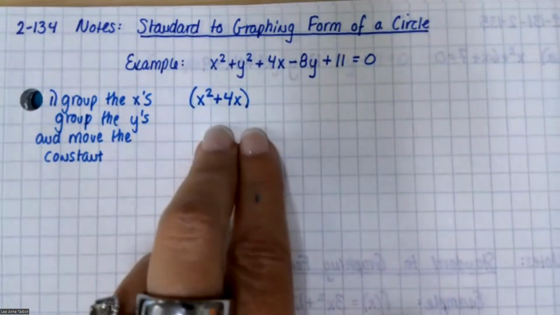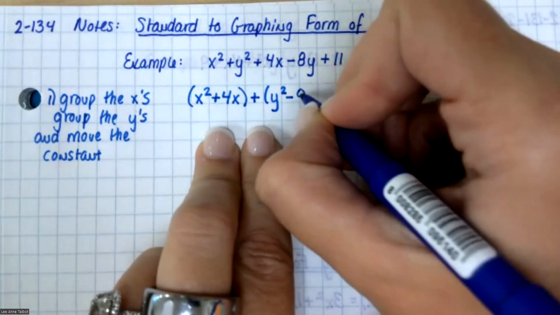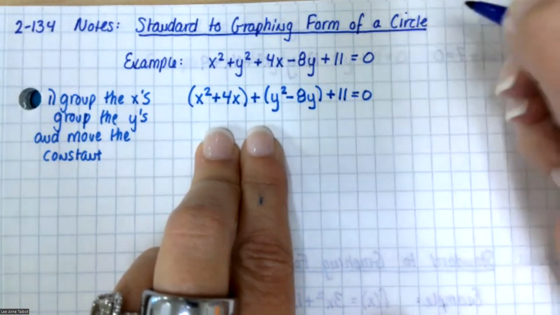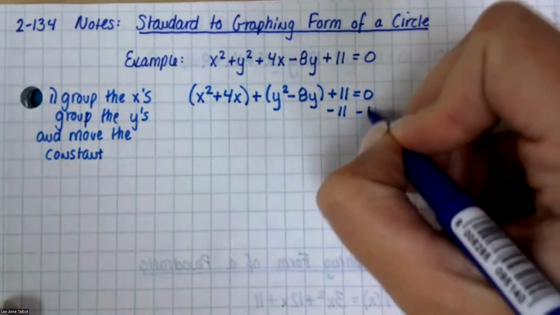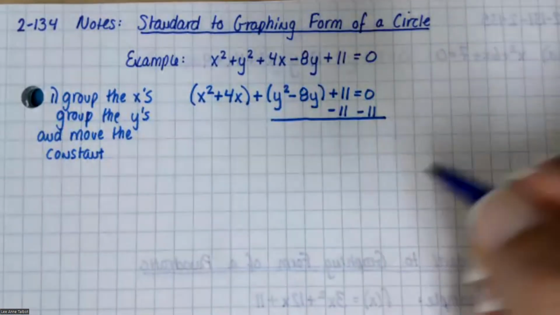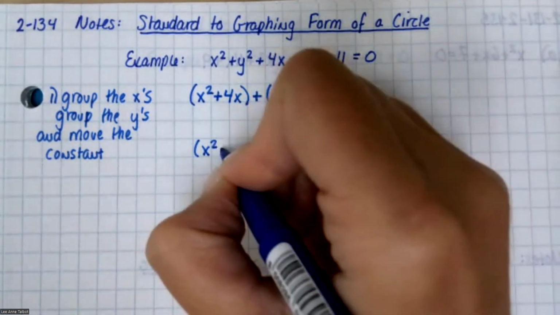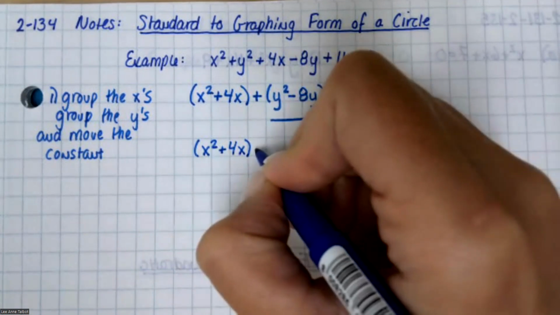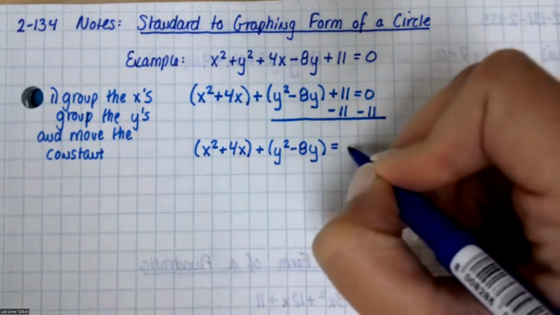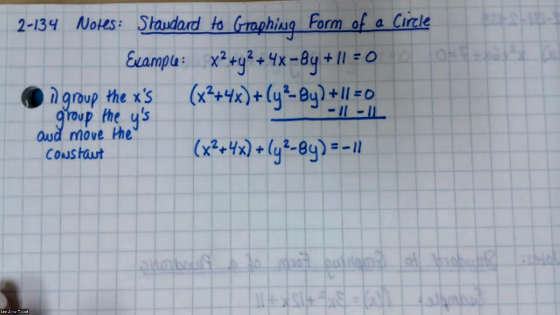So this is grouping the x's. Please stop talking. Thank you. Group the y's. And then move the constant over. I'll probably never do those 2 steps again, because I'm sure you guys can all minus 11 in your head. But it's notes. Okay, so that's kind of what you want your setup to be.